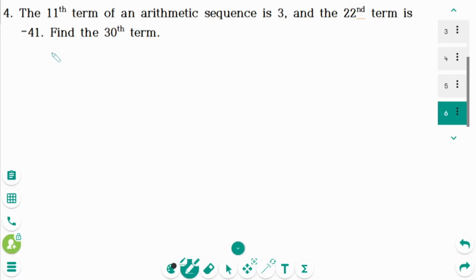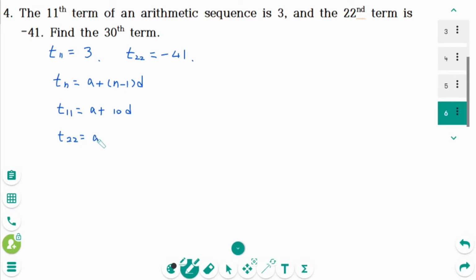Number 4, T11 equals 3, then T22 equals minus 41. The general term Tn equals a plus n minus 1 d. Use this, then T11 equals a plus 11 minus 1, which is 10d.